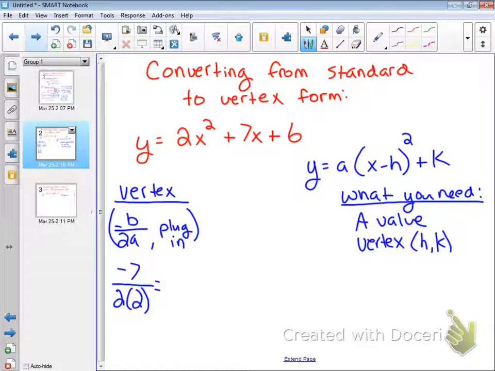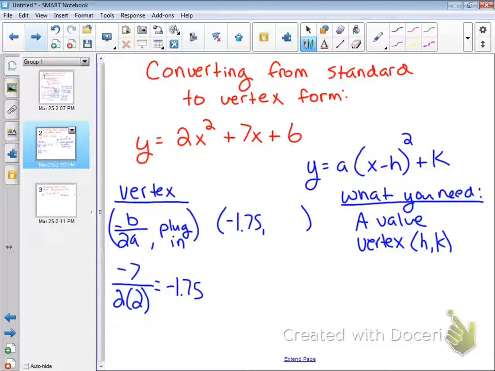If you don't want to leave it as a fraction, negative 7 divided by 4 is negative 1.75. So the x value of the vertex is negative 1.75.